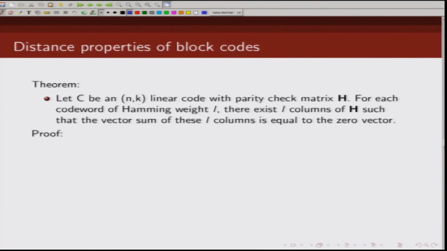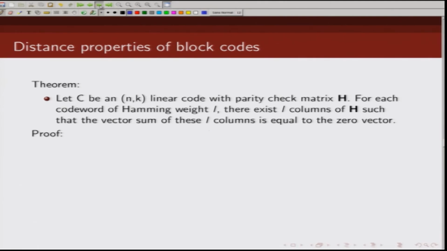If C is an (n, k) linear block code whose parity check matrix is given by H, then for each code word of Hamming weight L, there exist L columns of this parity check matrix H such that the vector sum of these columns is equal to the 0 vector.